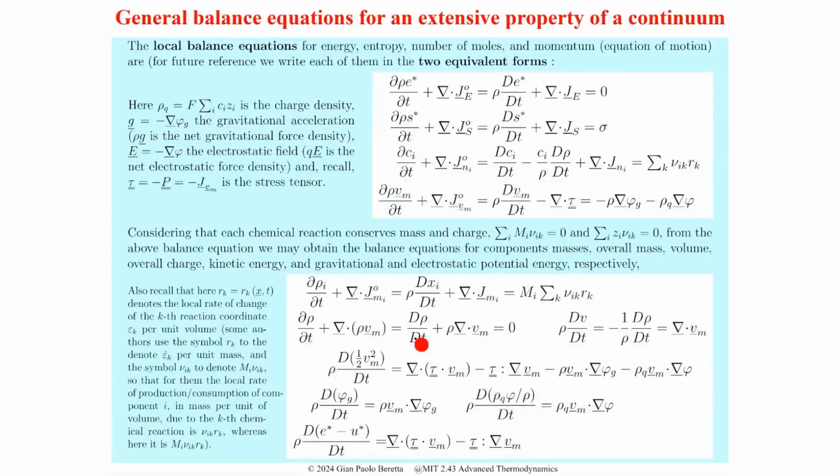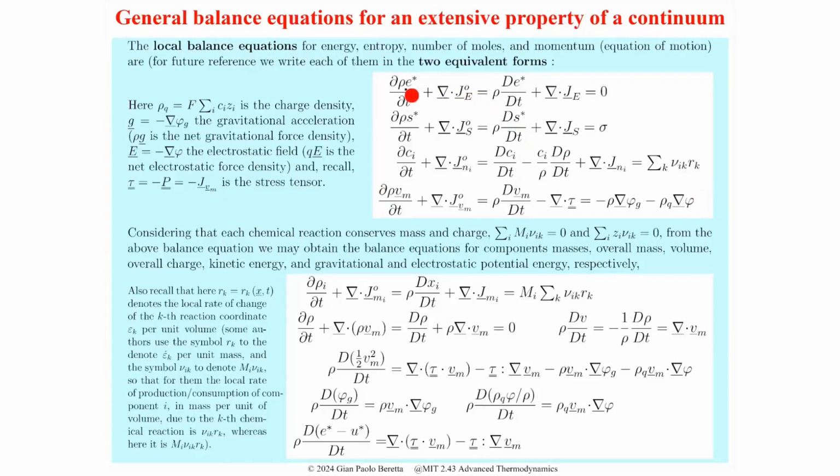And of course, the next step is to substitute these assumptions about the interactions between fluid elements into the energy, entropy, and constituent balance. And here I've also written the momentum balance, although I'm not going to talk too much about it. This is the fluid mechanics part, for reference.